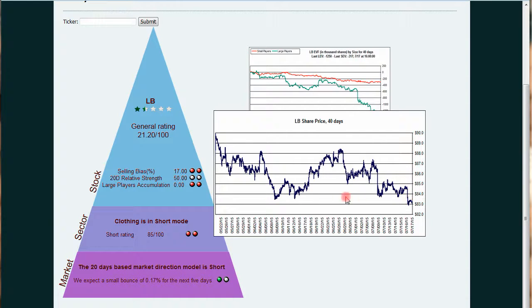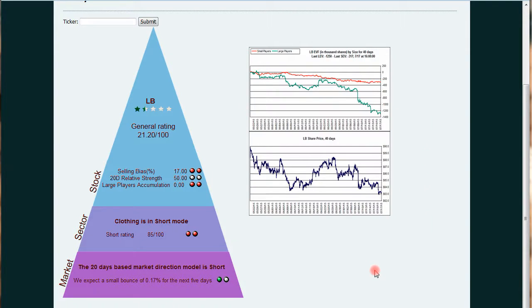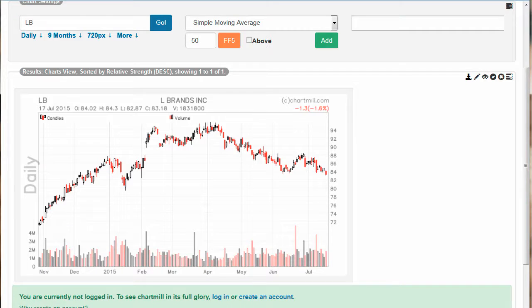You see you had a support. So the question is, should we sell a continuation of the downtrend here after the down gap, or should we sell a bounce? Okay, so let's first go to the price chart here.